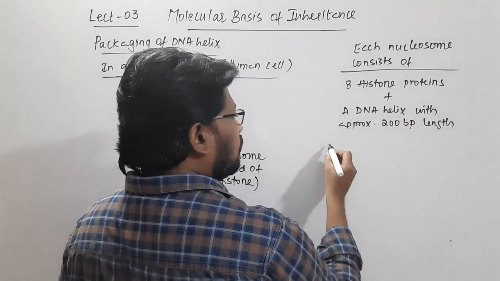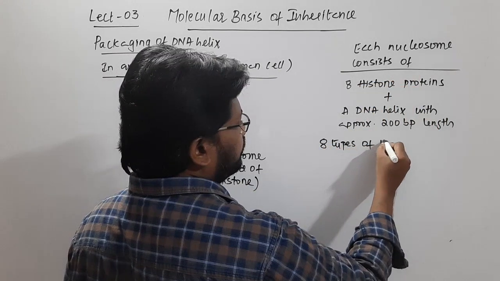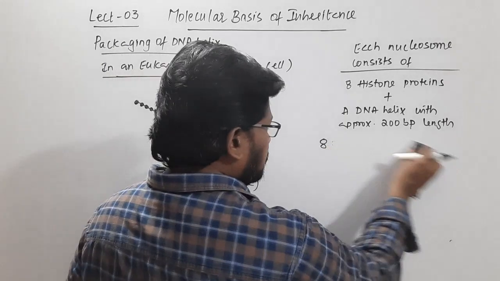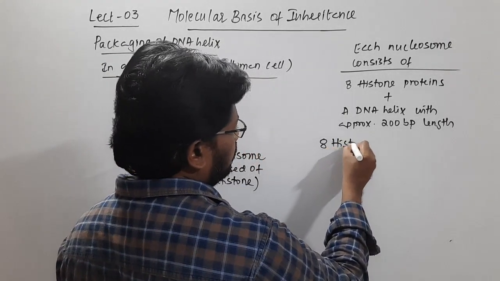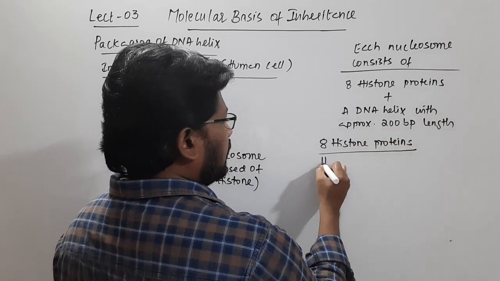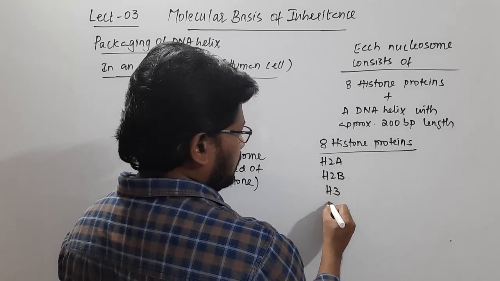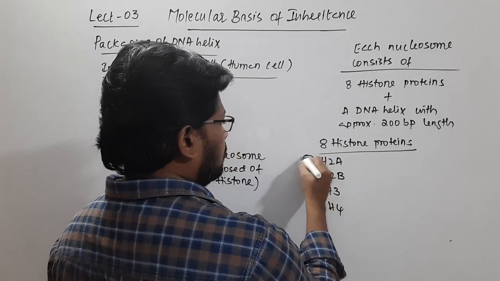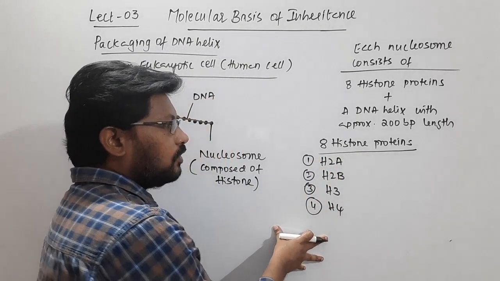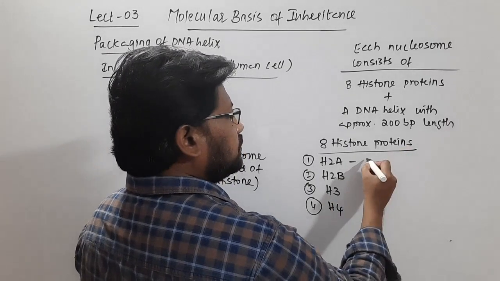So let's see what all those 8 histone proteins are. They are H2A, then H2B, H3 and H4. So 1, 2, 3, 4. These are 4 different types of histones, but each one is present in 2 numbers.